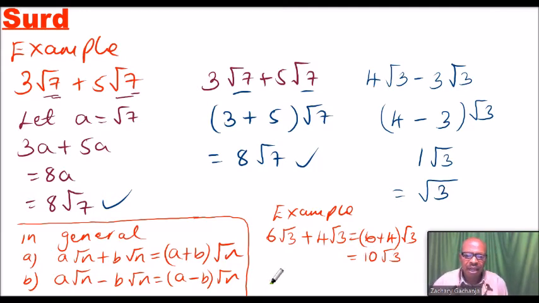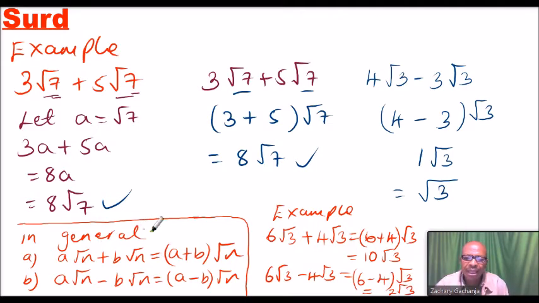Again, if we are given 6 root 3 minus 4 root 3, we simply say it is (6 minus 4) root 3, which will give you 2 root 3.